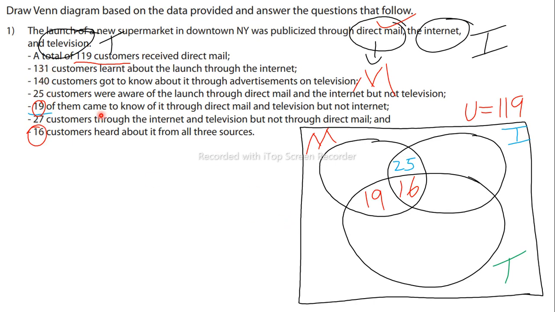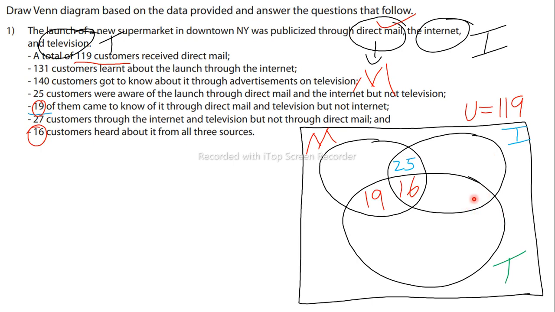Okay. 27 customers were reached through the internet and television, but not through direct mail. So internet and television, but not mail, will be on the right side of 16, right there. So that's going to be 27.